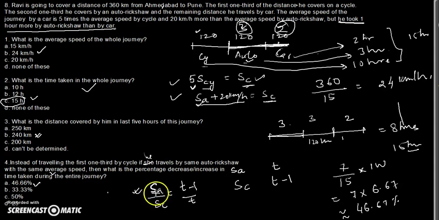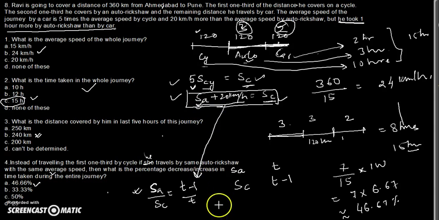Now we use this expression with the other one given in the question, that said the speed of the car was 20 km per hour more than the speed of the auto. We used these two pieces of information and we got the time as 3 hours. So this was the time taken by the auto. Thus the time taken by the car will be 1 hour less, which is 2 hours.